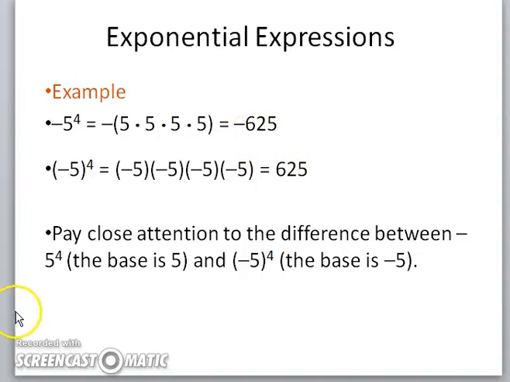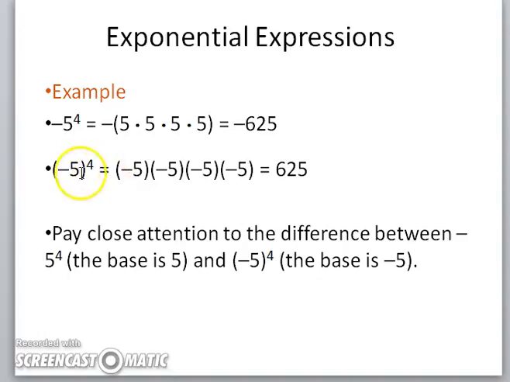Here's another example, very similar, but it makes a big difference in the result. Here we have -5 in parentheses raised to the exponent of 4. So the parentheses make a difference because when we use the order of operations, now it means the exponent 4 applies not to just the 5 as it did in the previous example, but instead now it applies to the -5, the entire part of it.